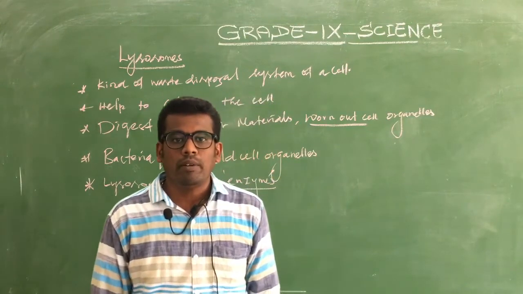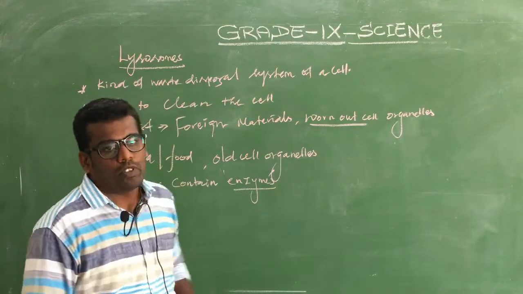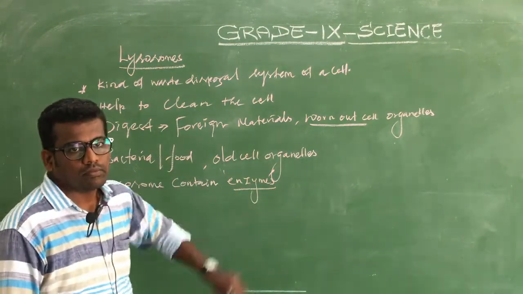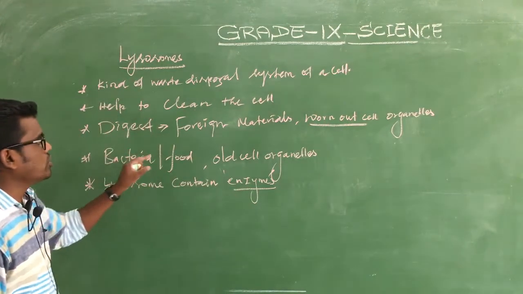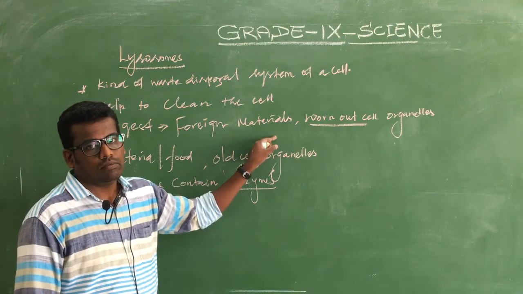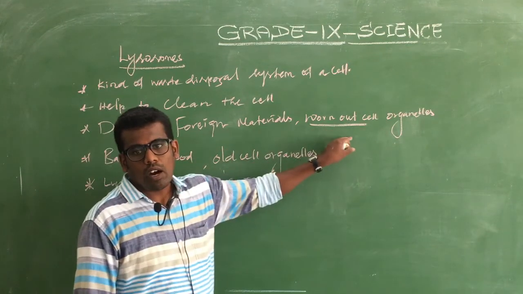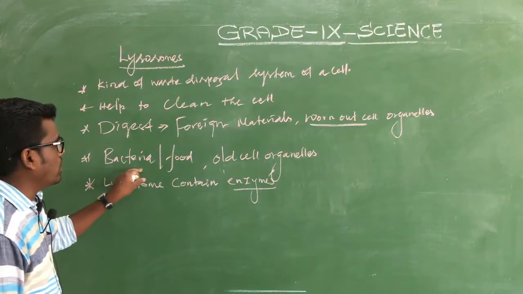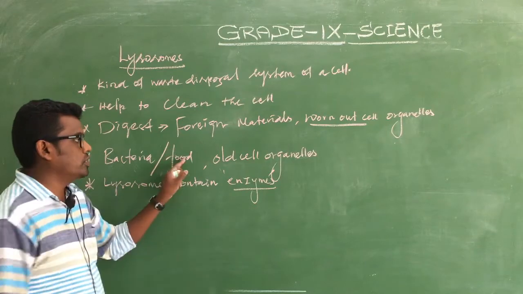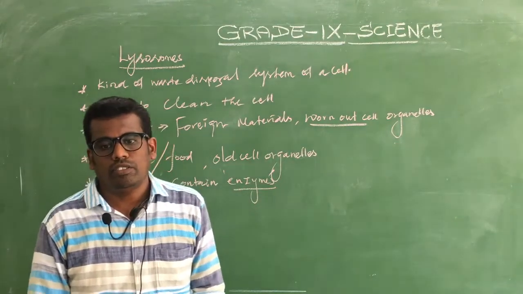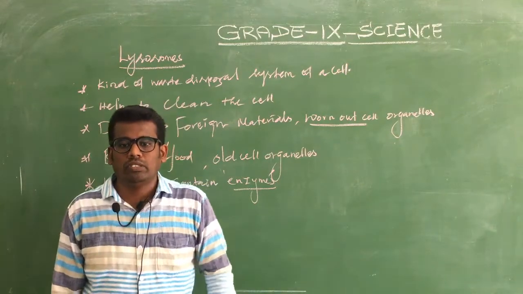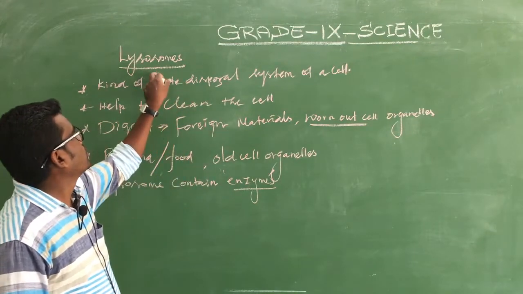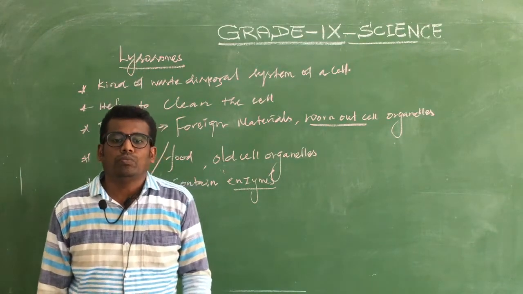The enzymes are inside the lysosome, and worn out cell organelles, bacteria or food, all these are digested or broken down into smaller pieces with the help of the enzymes contained by the lysosome.